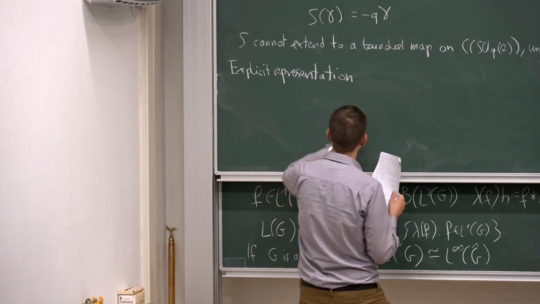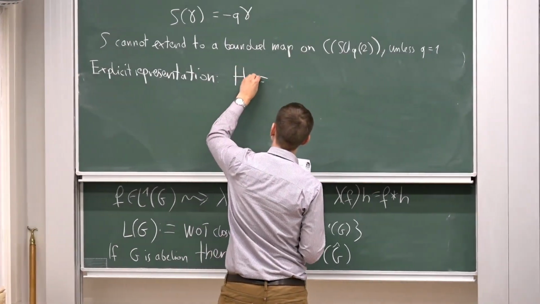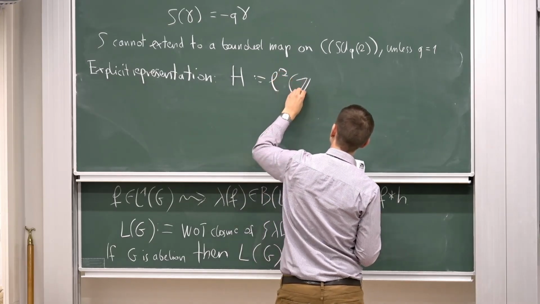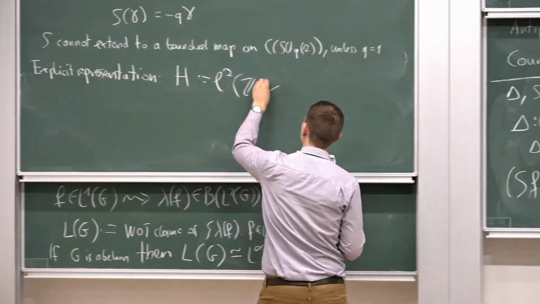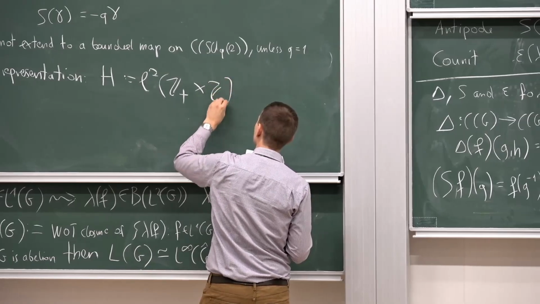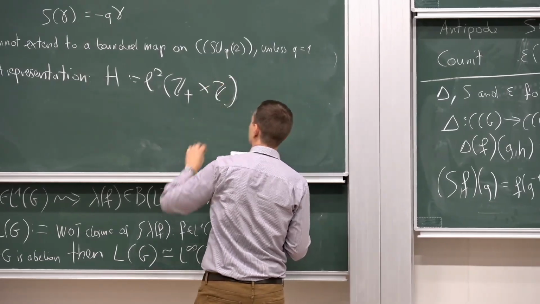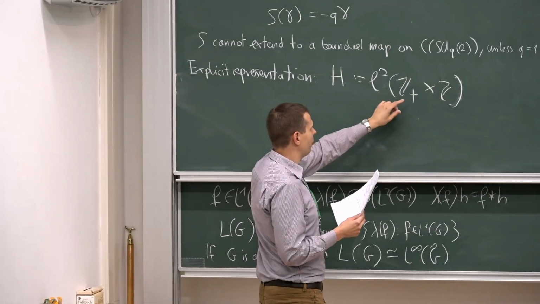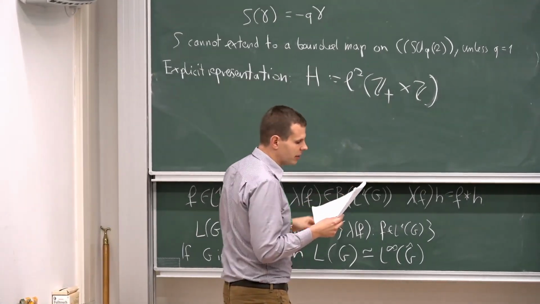So what's your Hilbert space? H will be L2 of the non-negative integers times Z. So this has a natural, nice orthonormal basis indexed by just this set.